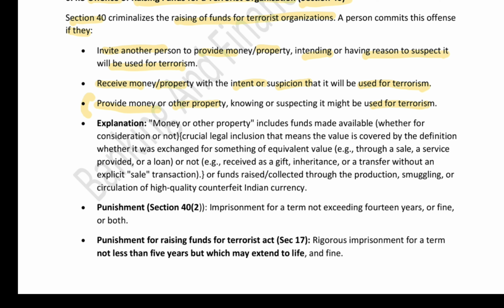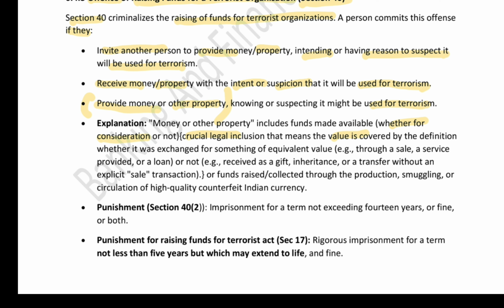So, what does providing money or other property mean? Basically, it means that the money or other property is being given, lent, or made available to persons who are involved in terrorist organizations, whether or not the transaction is for consideration, and some crucial legal inclusions are included in the transaction.